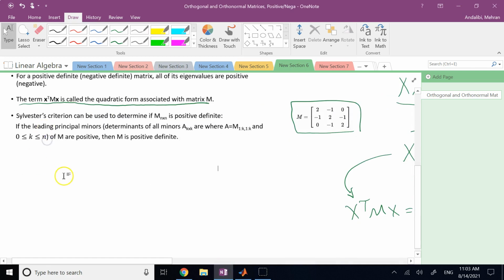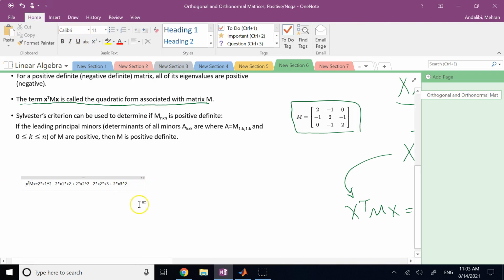Still not trivial, right? But if I put it down here, for that matrix, x transpose M times x was this, correct? Okay, what is it now?